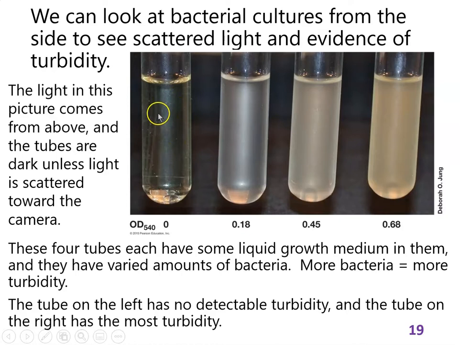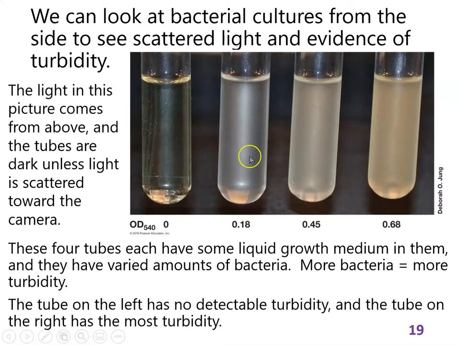So there aren't enough cells to scatter enough light that we can see with our eyes. But this one has enough cells that they scatter light that we can detect. And more cells, or higher and higher population size and cells per milliliter, makes it glow more and more until it starts to absorb the light.